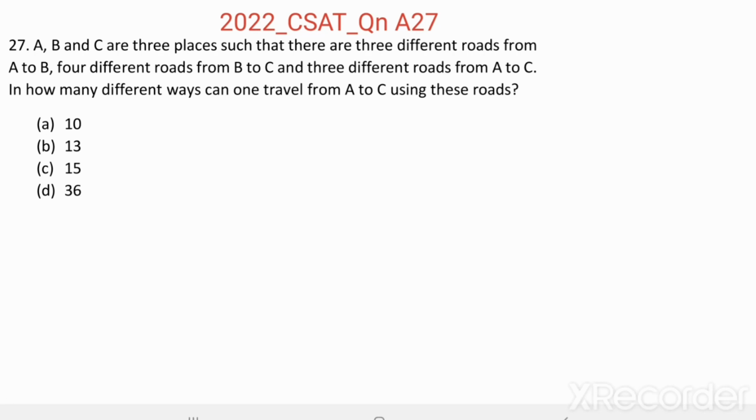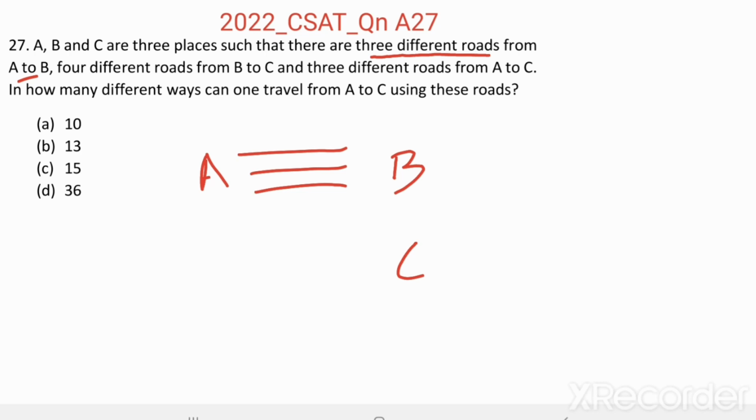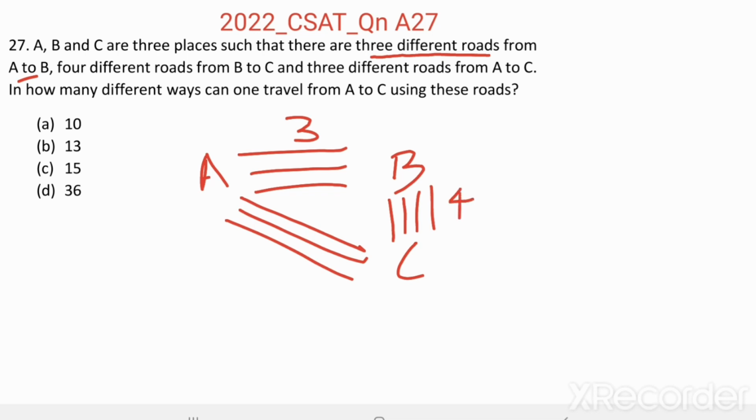There are 3 different roads from A to B: 1, 2, 3. 4 different roads from B to C: 1, 2, 3, 4. And 3 different roads from A to C: 1, 2, 3.